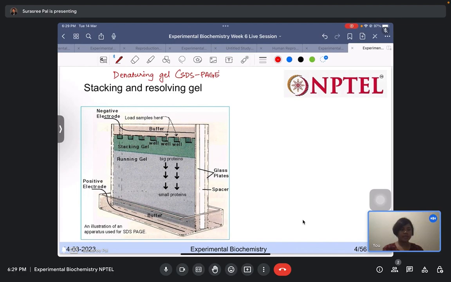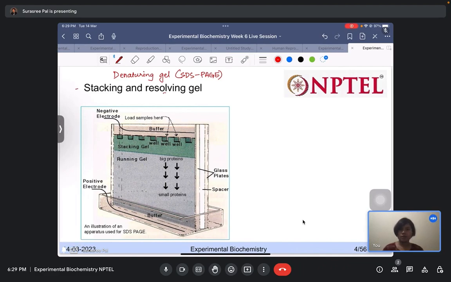So this will be an SDS PAGE, or there can be a non-denaturing gel as well, which is a native PAGE. In an SDS PAGE, we usually have two types of gel, a stacking gel and a resolving gel.